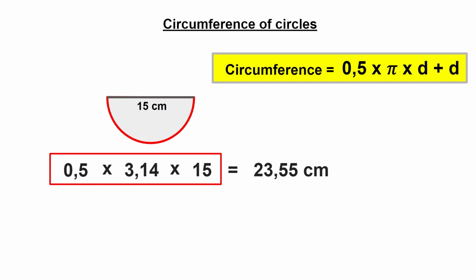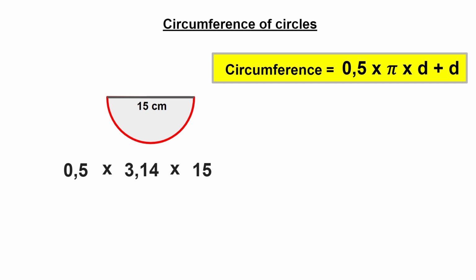So this means that 23.55 is not the full circumference of the circle. Now remember, circumference is the full distance around a shape. This means we'll also need to add the length of the line at the top of our half circle, which we already know to be 15 centimeters, which is the diameter of the circle.